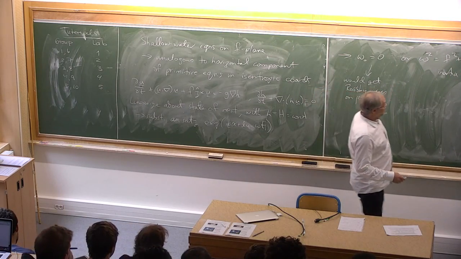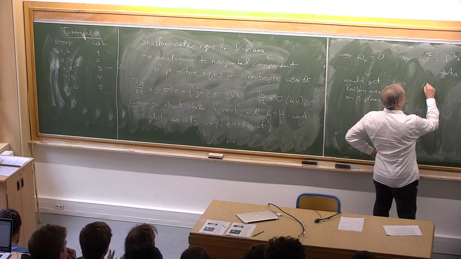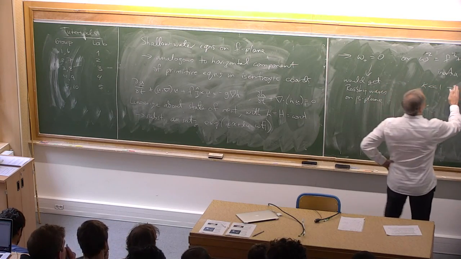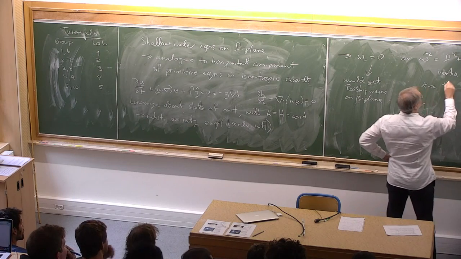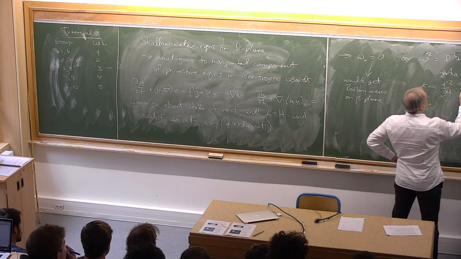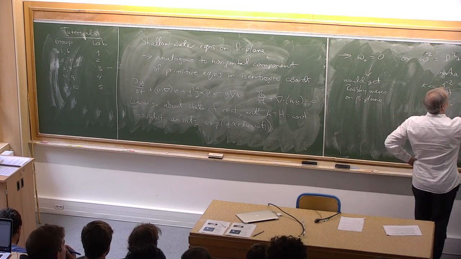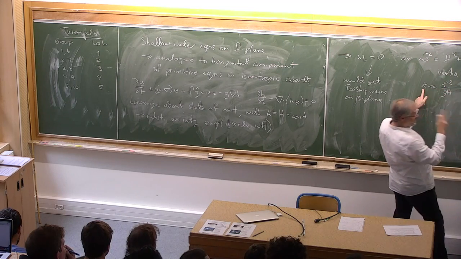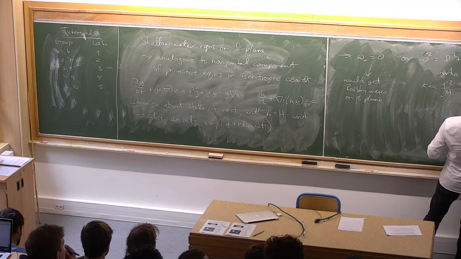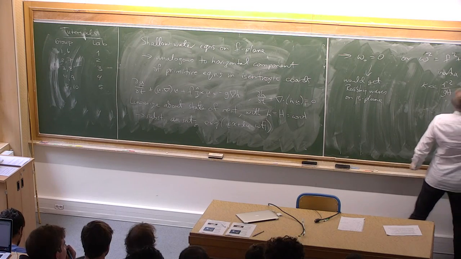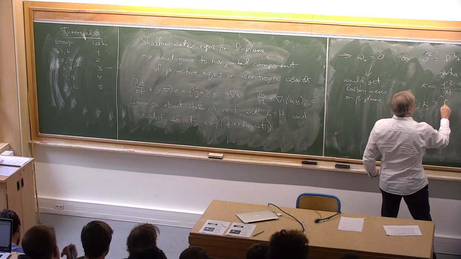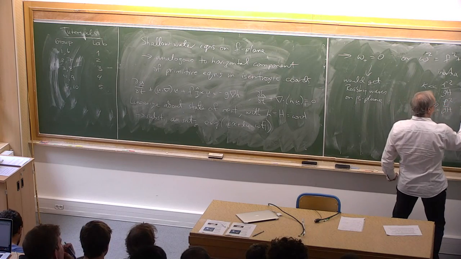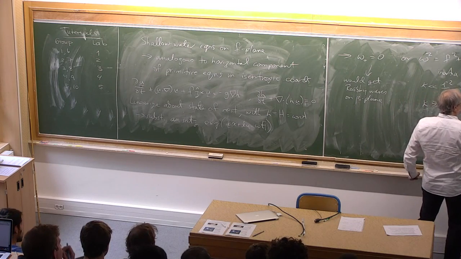When kappa is very small, much less than f squared over g h, rotation dominates. So these are small wave numbers, large scales. And when kappa is much greater than f squared over g h, gravity dominates.